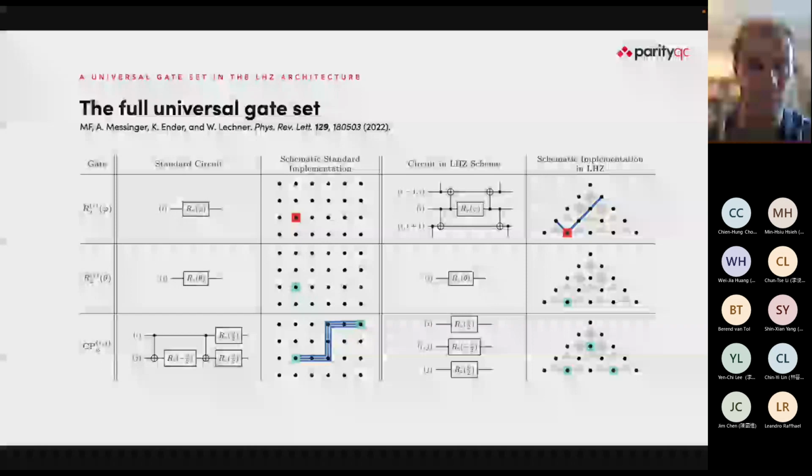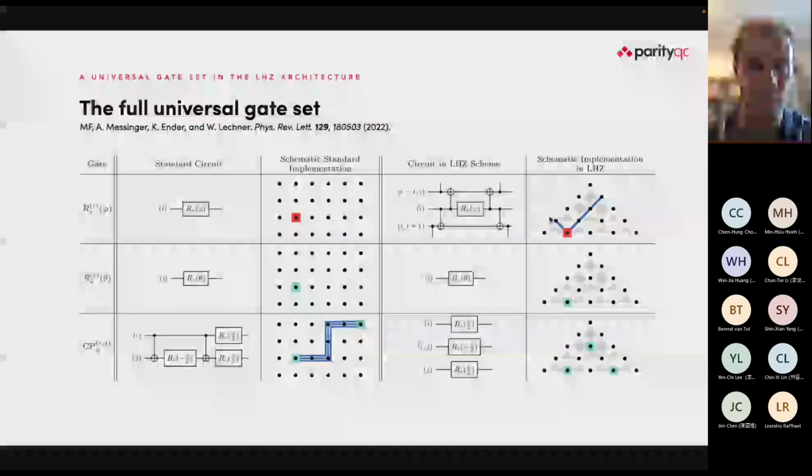Right. So to sum up, maybe this table, which is also figure 1 of our paper. So basically the upper part we have seen before. The single qubit rotations about the x-axis translate to these logical lines.